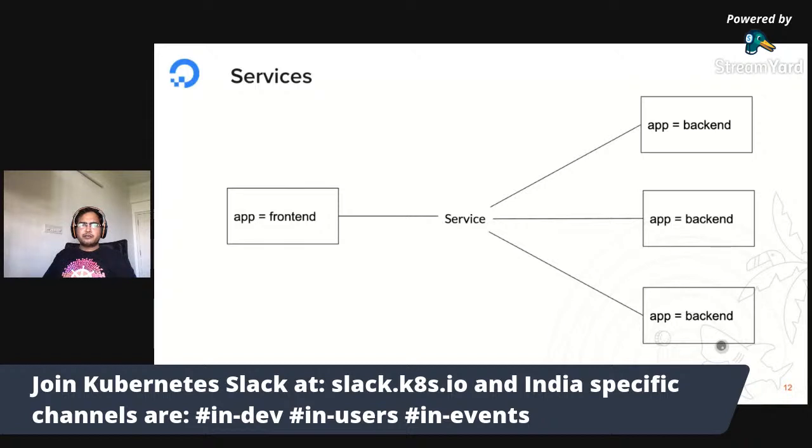Now, when you have the selector app equals backend and you create a service and you tell that service that whenever any pod or workload comes up with the selector app.backend, just add that to your endpoints, Kubernetes does it automatically for you. So you don't need to worry even if you scale up or scale down your application, or if a node goes down, you would still have your requests being served.